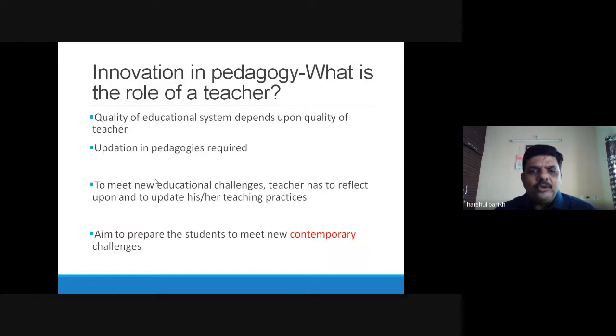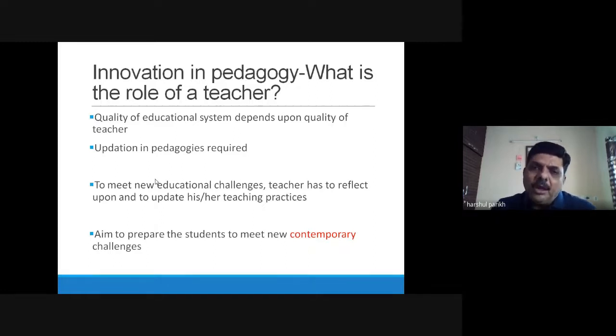To meet new educational challenges, a teacher has to reflect upon and update his teaching practices. We have to implement such practices that spark education in the students.